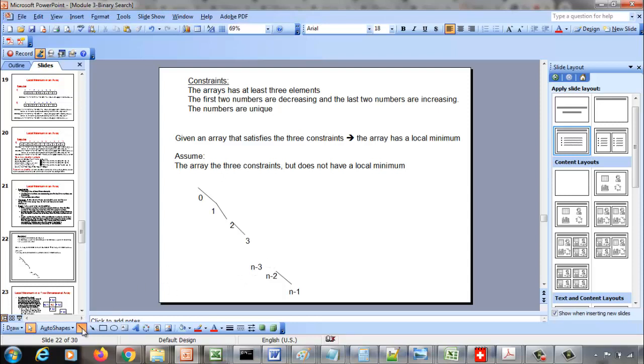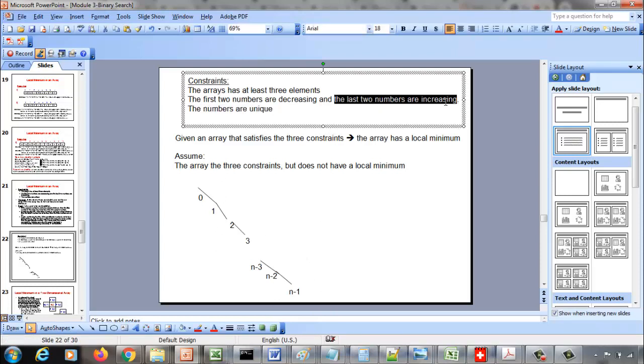So if you want to maintain that property, we have to keep on decreasing like this. But if that's the case, then it violates our second condition, that the last two numbers are increasing.